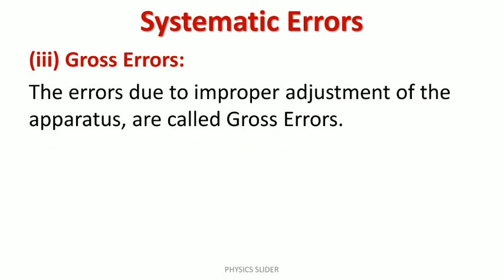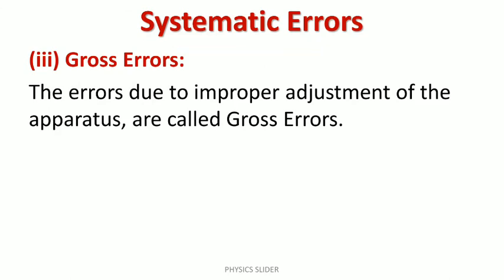Okay, so your apparatus is in good condition, but the adjustment of the apparatus is not in good hands. Then what happens? Then the errors arise. If you are not adjusting the apparatus in the correct manner, then there is the possibility of errors, and that error is categorized under gross errors as the subcategory of the systematic errors.